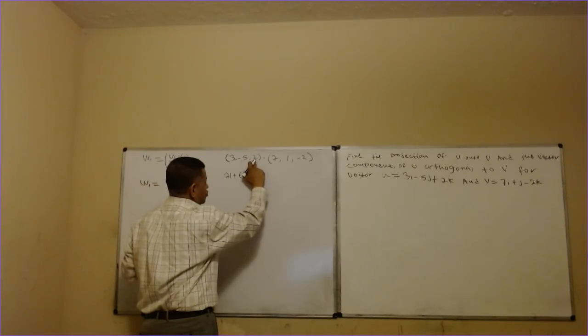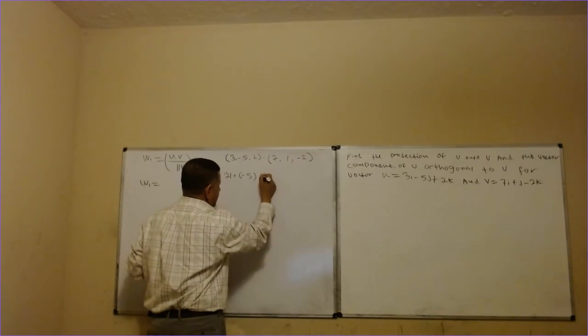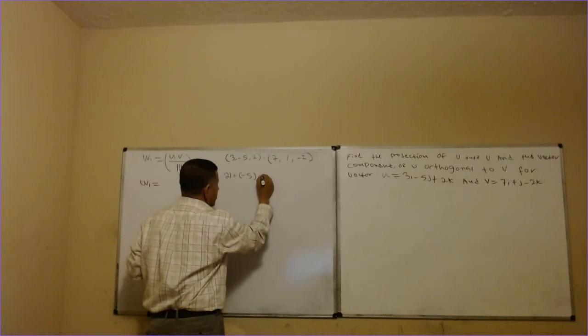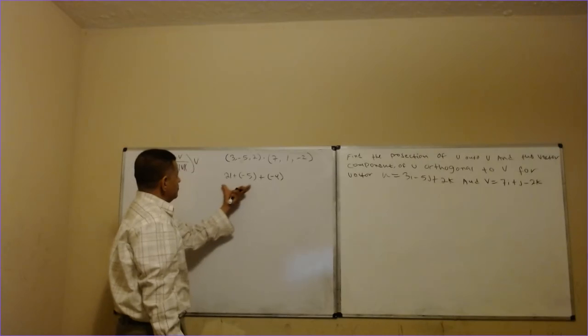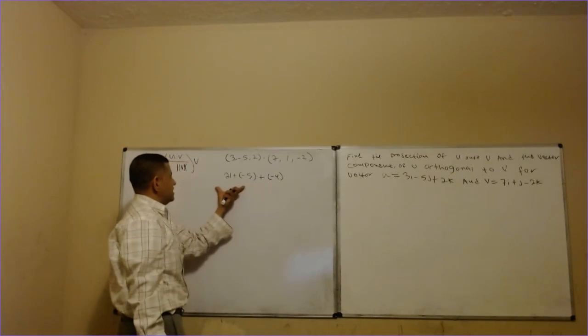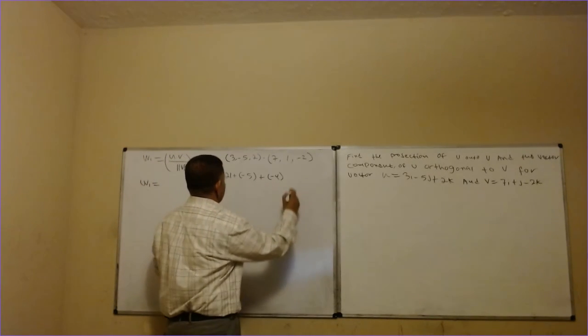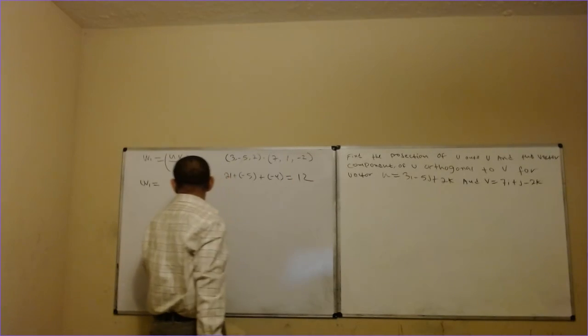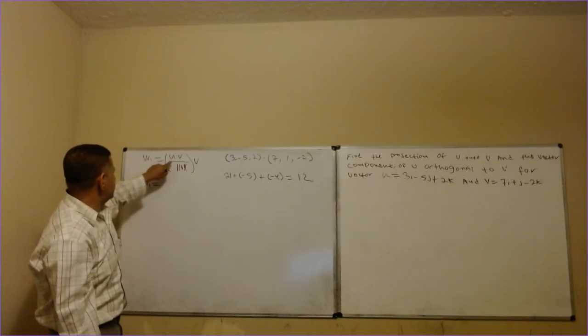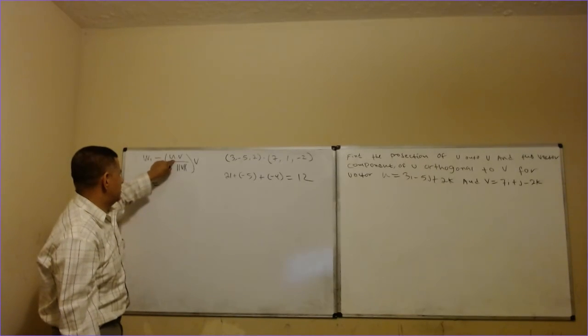Plus 2 times a negative 2 is nothing but plus a minus 4. Add them together, this is 9. 21 minus 9 is equal to 12, right? Now I got this value already.